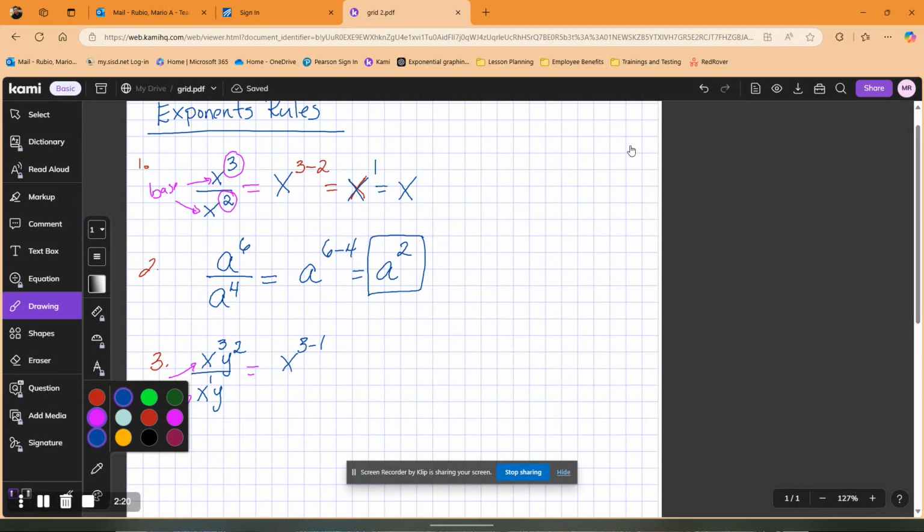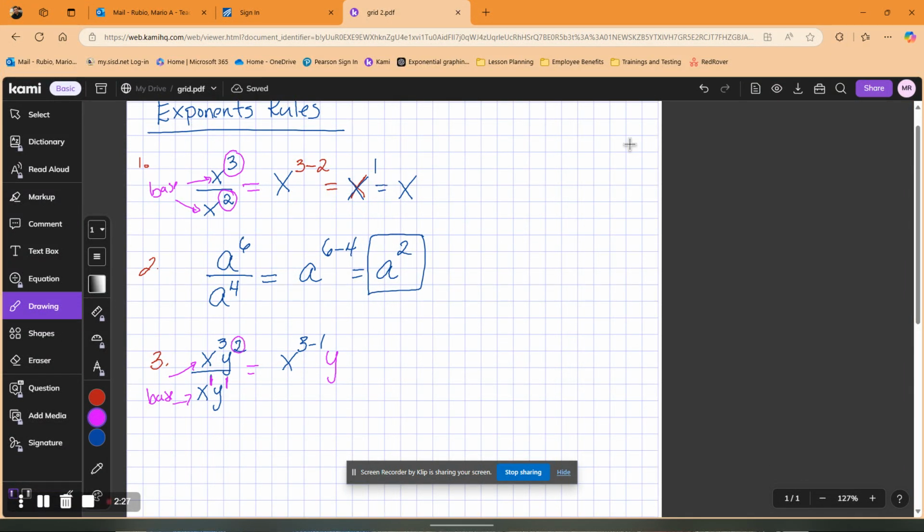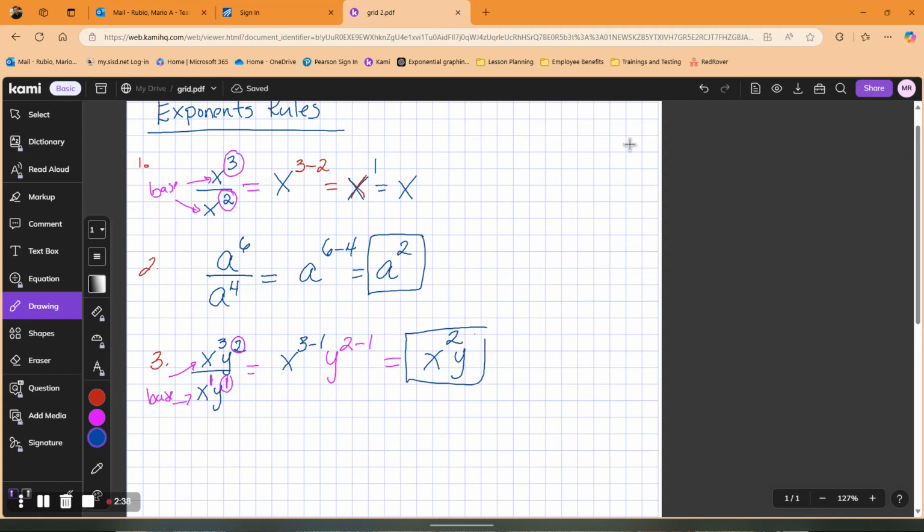Remember, if we don't have an exponent, we assume there's a 1 there. And then you have y: 2 minus 1. Your final answer is x to the power of 2, y to the power of 1, which we just leave as y. I'll write it there so you see it, but we don't usually write the 1, we just leave it blank.